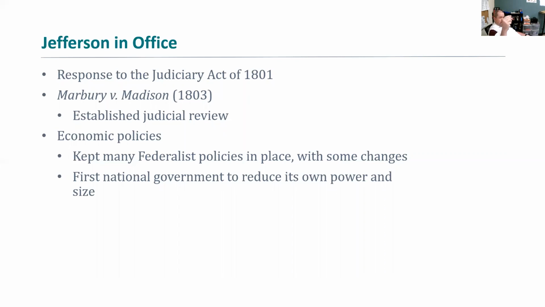The guys that were supposed to get these jobs were Federalists, but Marshall utilizes some legal doctrine to basically say that the Judiciary Act was illegal, that it was unconstitutional, and we establish officially this concept of judicial review in Marbury versus Madison that is wildly important for you to understand.